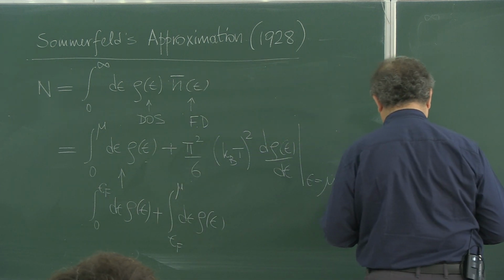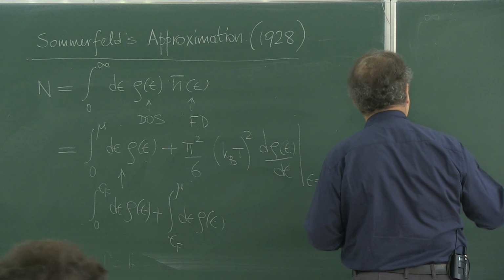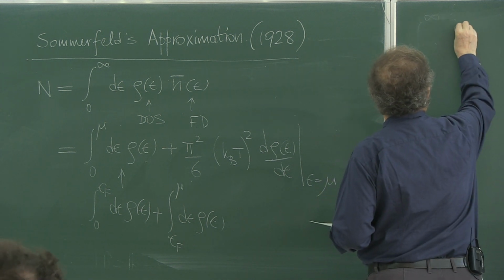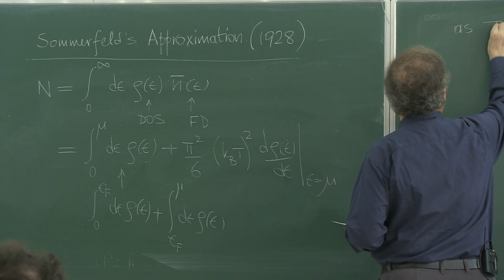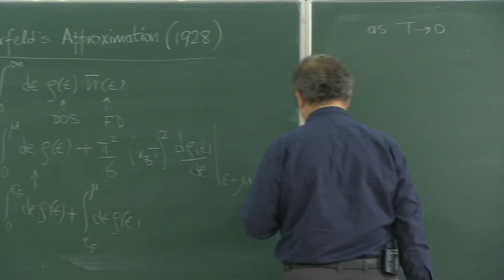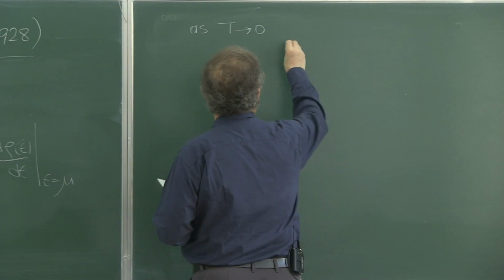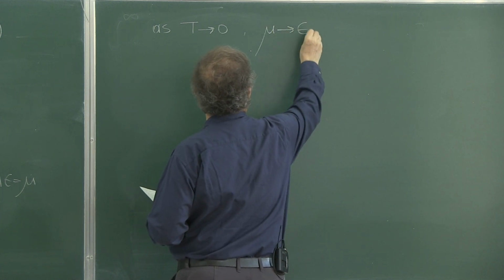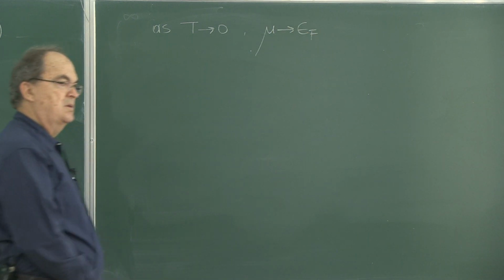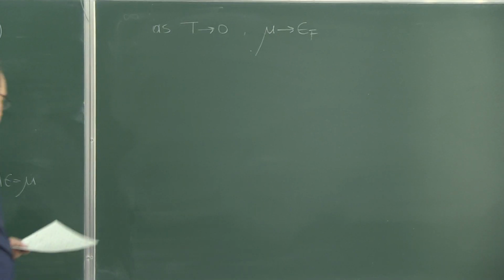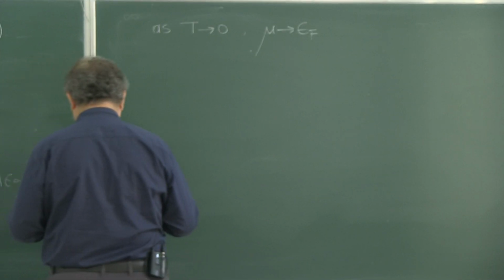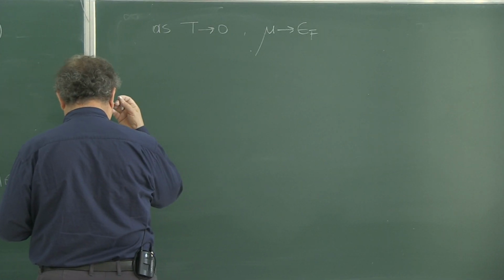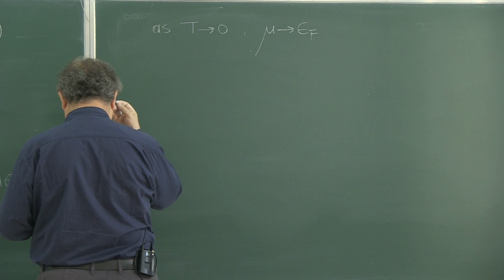Well, if we do that, we are really looking at the limit as T goes to 0, and in this limit, of course, the chemical potential goes to the Fermi energy. So, in this limit, I can write the expression as follows.